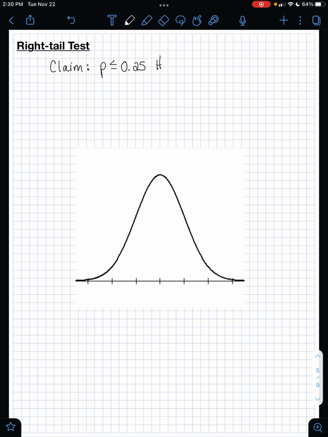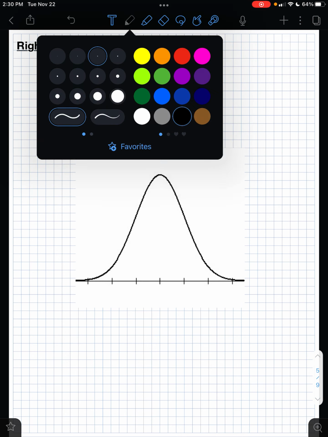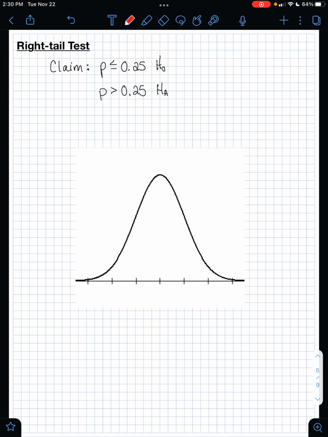This would be H sub 0 because of the statement of equality. Our contradictory statement then would be that p has got to be bigger than 0.25, and that would be our alternative hypothesis. Once again, we look at the inequality symbol in the alternative hypothesis, and this is what is going to indicate a right tail test.